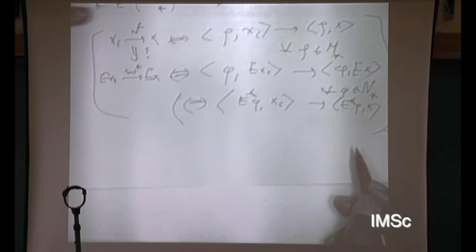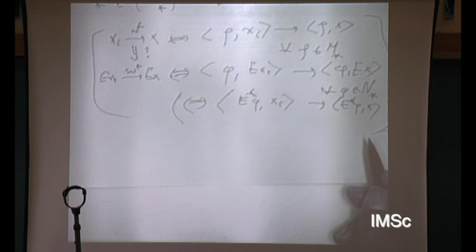So all this is just to check normality. What we have to see is that if you compose with normal linear functionals, you must get normal linear functionals.